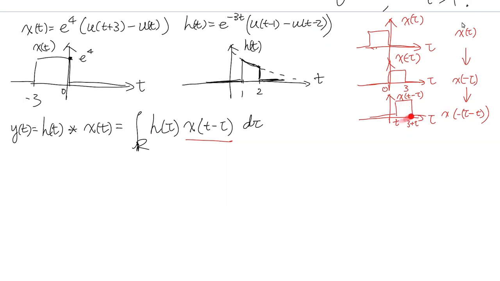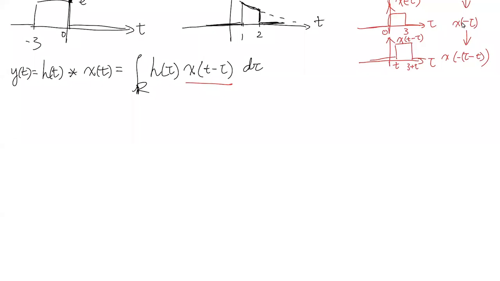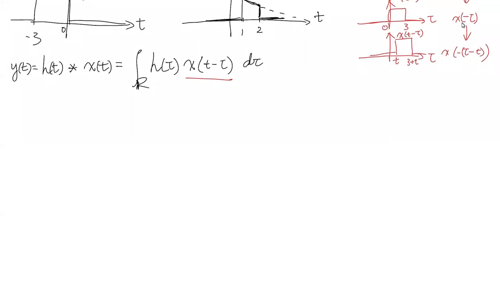And then there are complicated conditions: this one overlaps with the left part of this one, or the right part of this one, or because the width is 3, it can completely overlap the 0, 1 to 2 segment. So there are many different cases. Let's discuss them one by one.